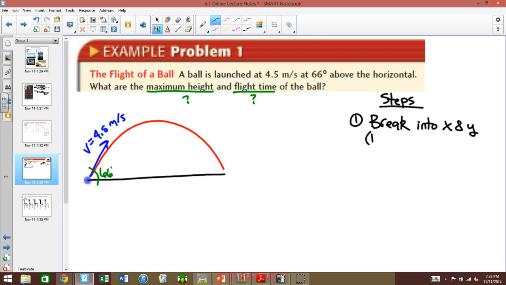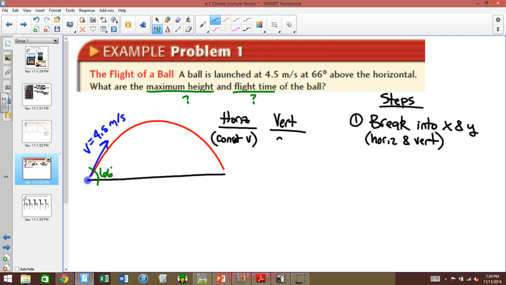Sometimes called the horizontal and vertical. So I'm going to write horizontal and I'm going to write vertical. Horizontally, I know this thing moves at a constant speed.